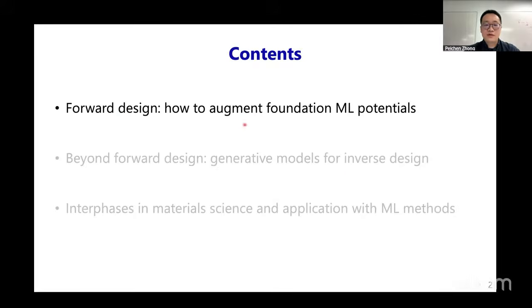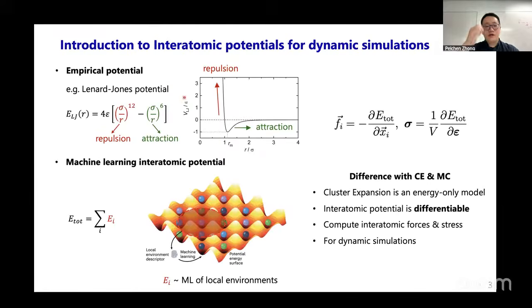So for the first part, I want to talk about how we can use machine learning interatomic potentials for the forward design of materials. Let me first give a very basic introduction to what an interatomic potential is. Basically, the interatomic potential is how we describe how atoms interact with each other. For example, the very famous classical potential is the Lennard-Jones potential.